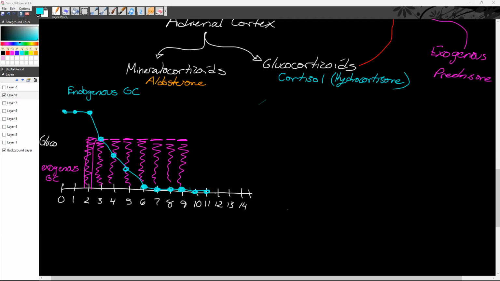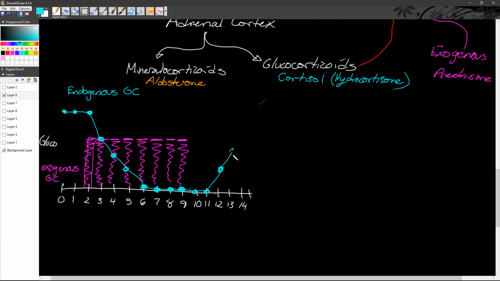And so what ends up happening is that during this lag time, we can put someone into a crisis where their endogenous levels are too low, and we didn't allow enough time for their levels to come back up over the course of a couple of days. Is that making sense so far?